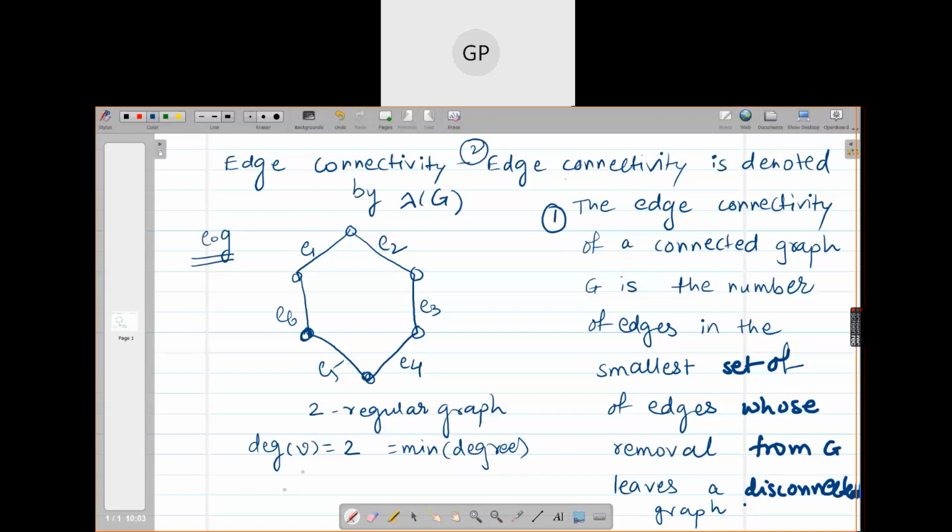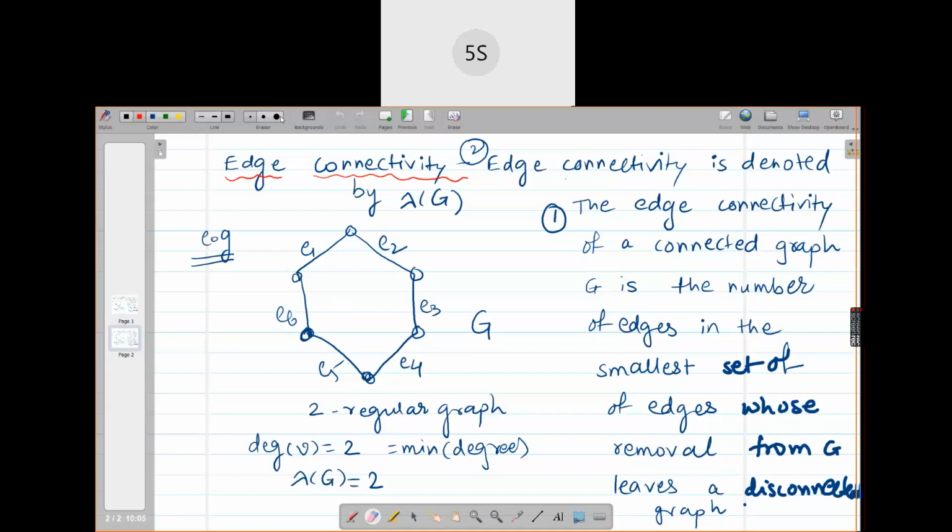And this is the example. This is G. Finished, girls? Yes, ma'am.